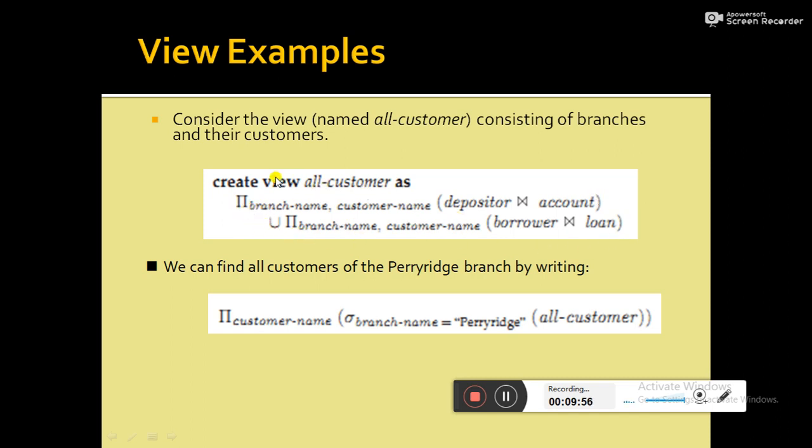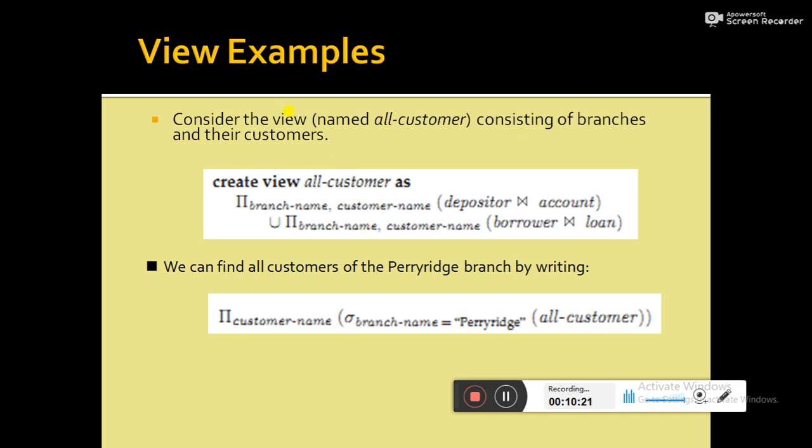When you create a view, only the definition of the view is stored, rather than the tuples, the records. That means if you create the view all customer, then the all customer view is not going to store the tuples or the records of the customer name and the branch name. Records will not be there.